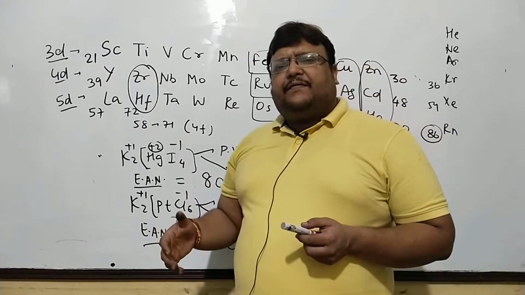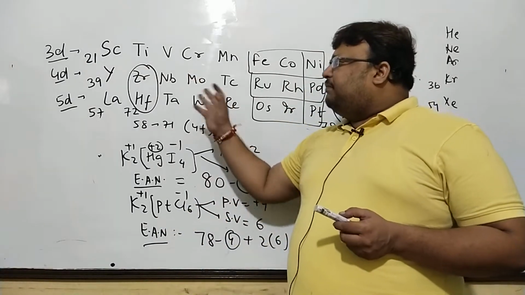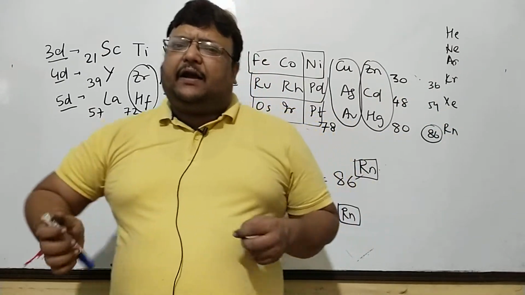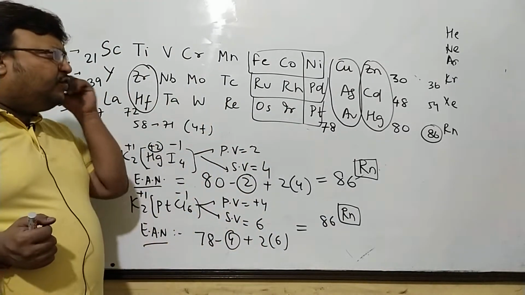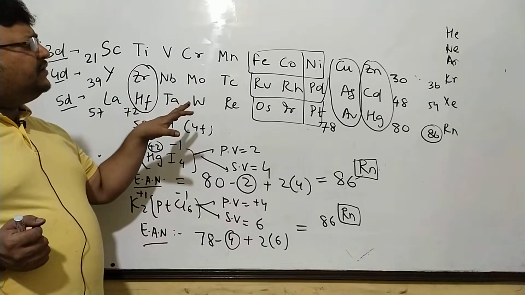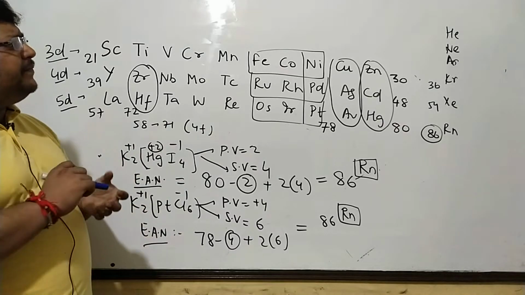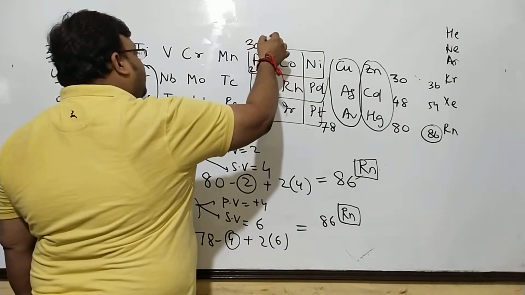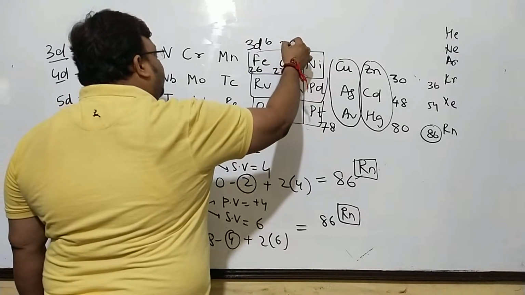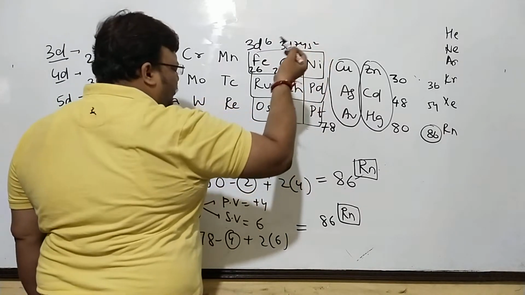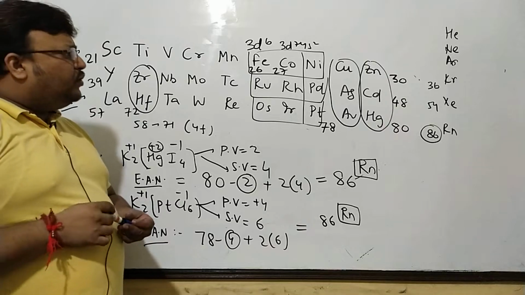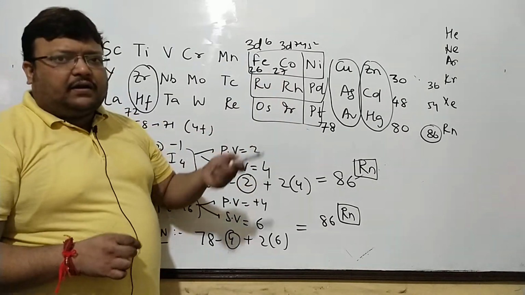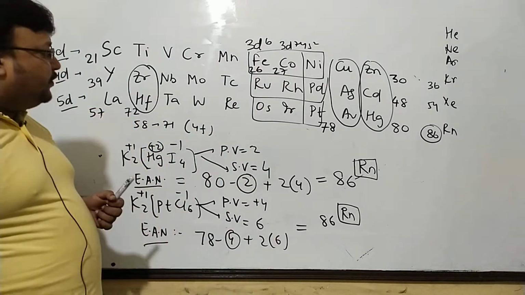So even in the past, you would want to recall members of 4D, 5D. High time you know all the members of 3D, 4D, 5D along with their configurations and atomic numbers. It will help: iron 26 will be 3D6, 27 cobalt will be 3D7, 4s2, and so on. I told you platinum below nickel is something you'll want to know for sure.